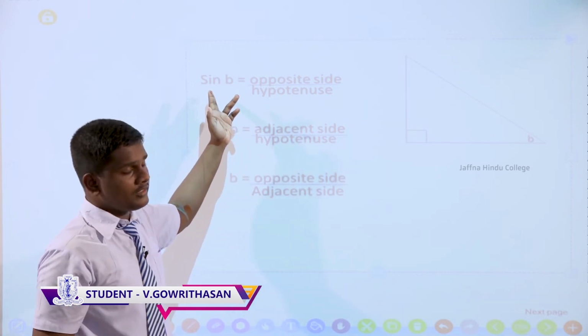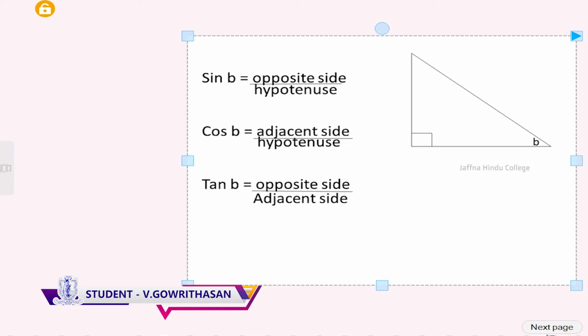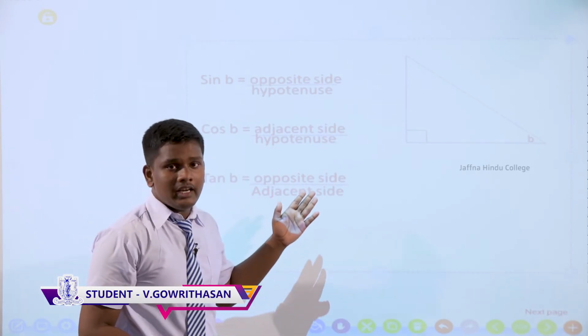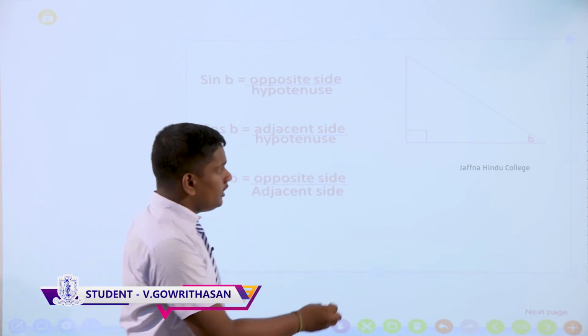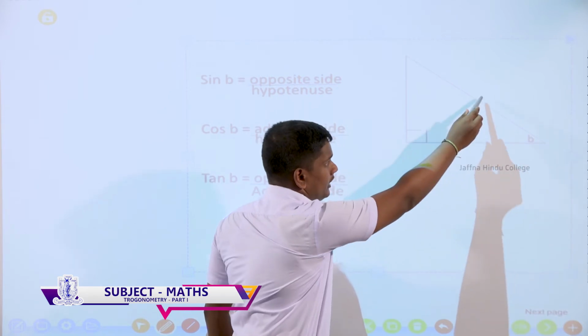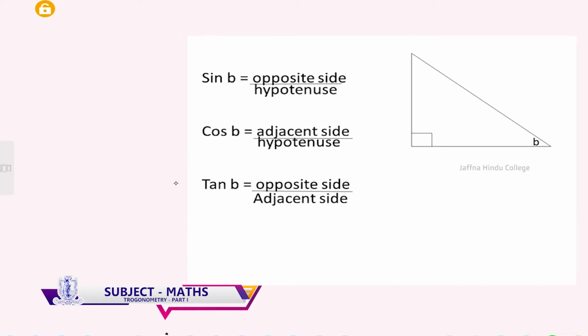If we take this angle B, sine B is equal to the opposite side by the hypotenuse, and cos B is equal to the adjacent side by the hypotenuse. Tan B means opposite side by adjacent side, the closest side.